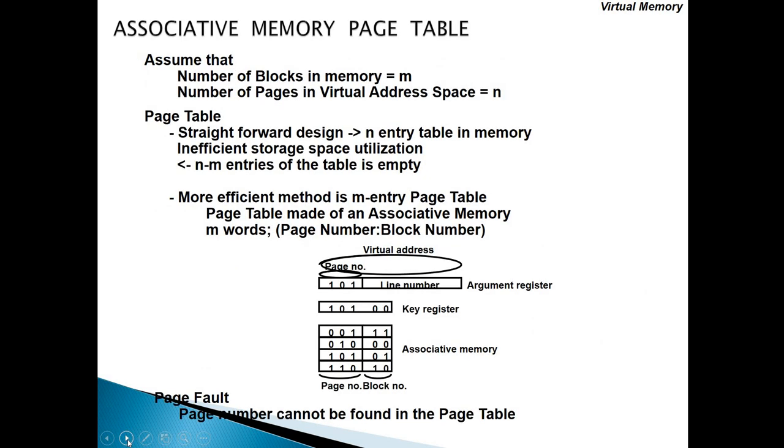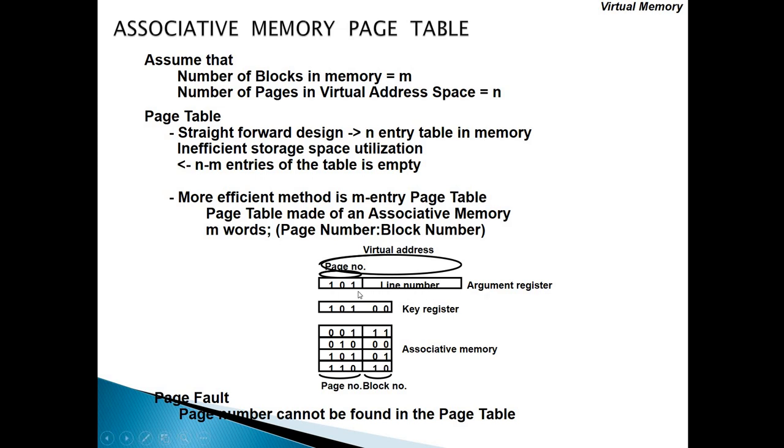This is another technique, that is associative memory page table in virtual memory. The actual physical address is stored in the argument register, which consists of page number and line number. This particular technique is going to maintain one table, that is associative memory. This table is divided into 2 parts. One is page number and block number.